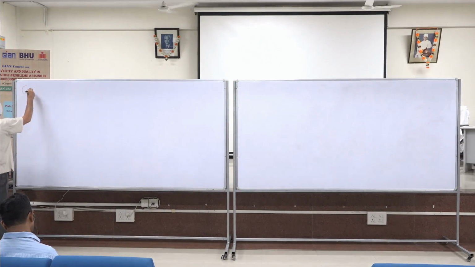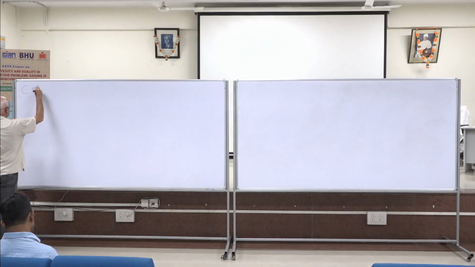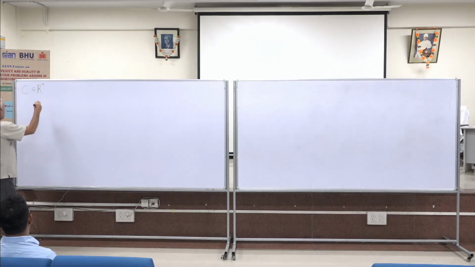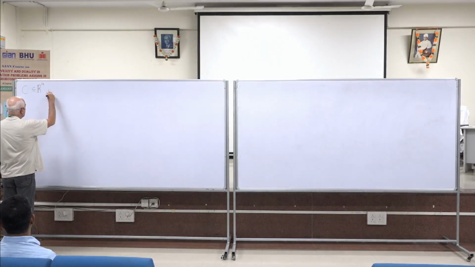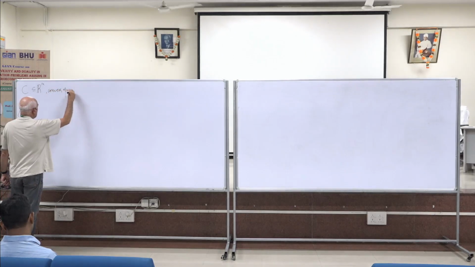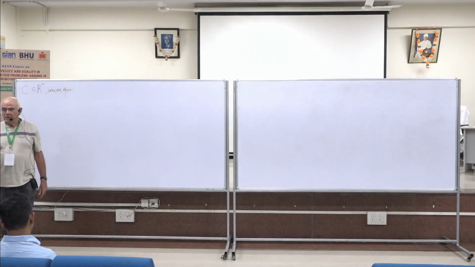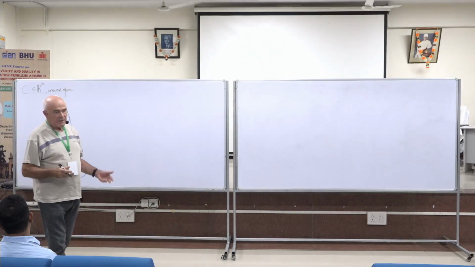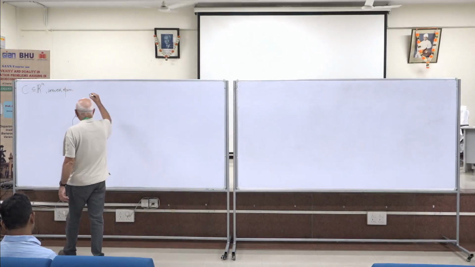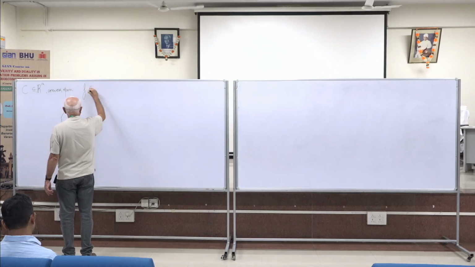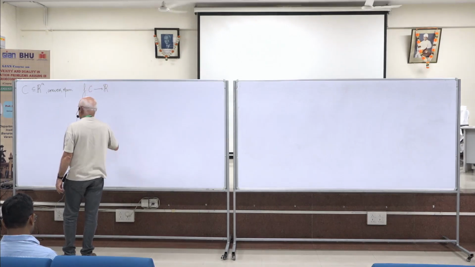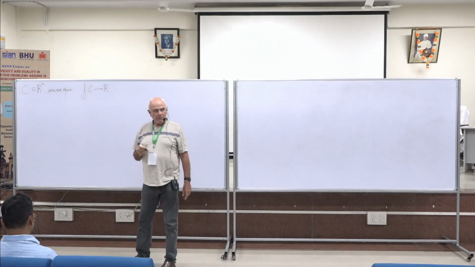We have an open convex subset C of Rn. I need openness because I want to consider differentiability everywhere. And we have a function f defined on it, and we assume it to be differentiable.